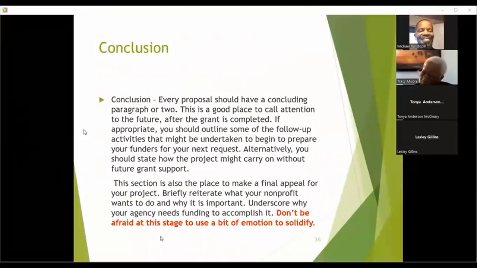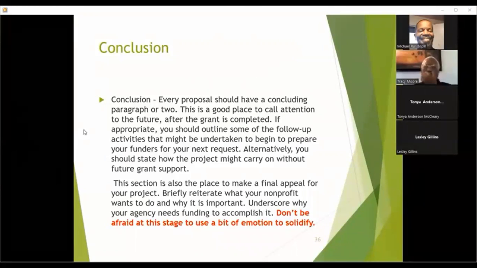And then we come to that section called the conclusion. Now, the conclusion, this is a good place to call attention to the future after the grant is completed.